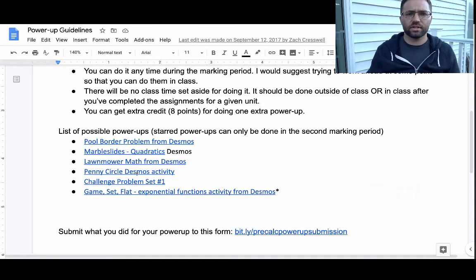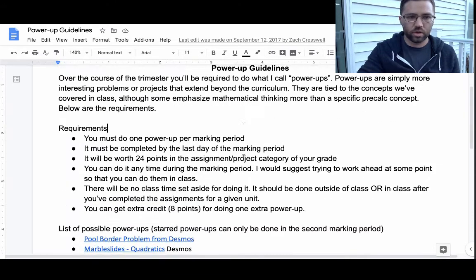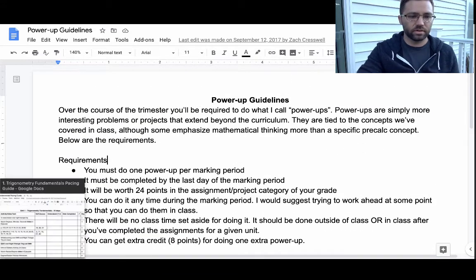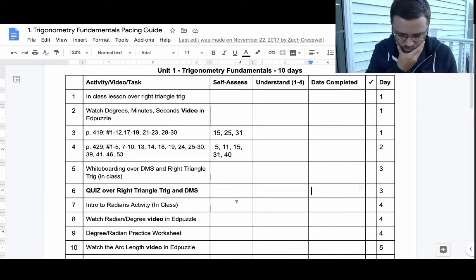So again, this was an incentive to get students to work hard in class to hopefully get ahead a little bit and work on the power-ups. And also I wanted these problems to be more interesting and fun so that students didn't totally dread them, although certainly some of them still did. All right, so that was the structure of the class.